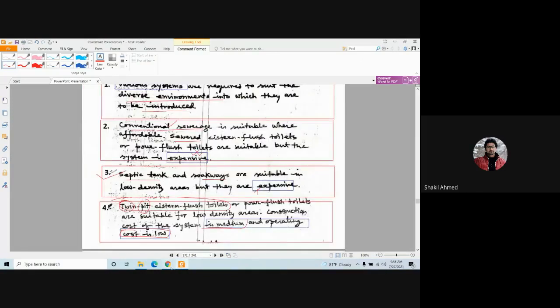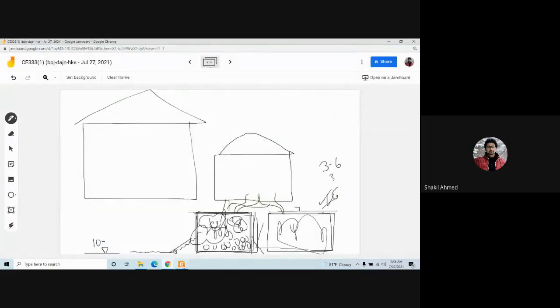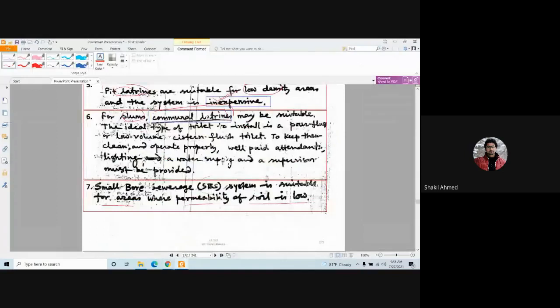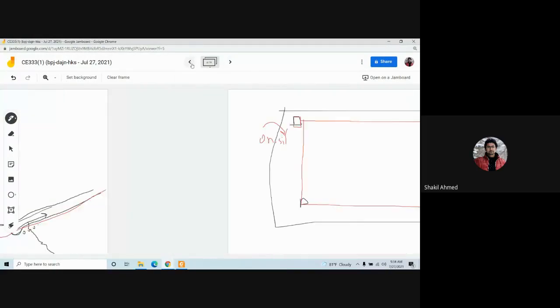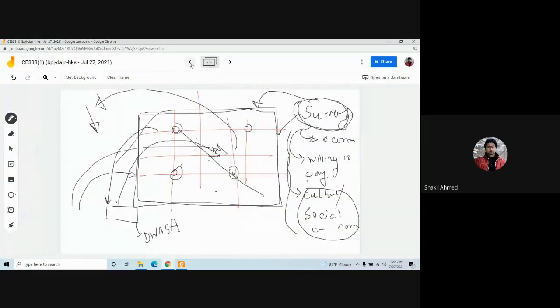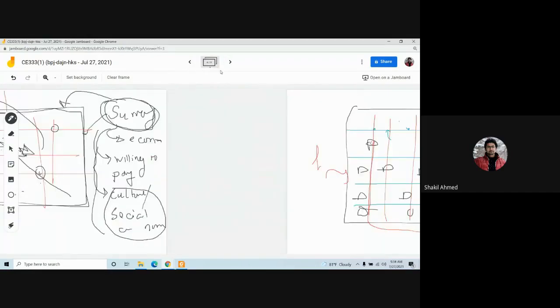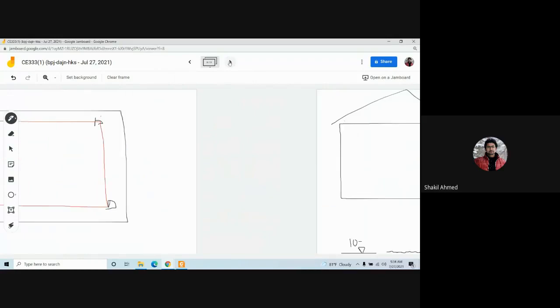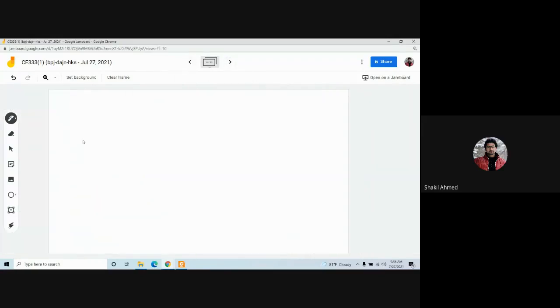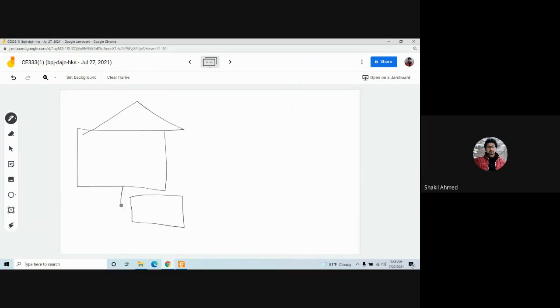So SBS, this small bore sewer system, you know what happens? In the case of a conventional sewer system, if you introduce a septic tank, as I told you, the solid portion will be retained and only the liquid portion will discharge, right?